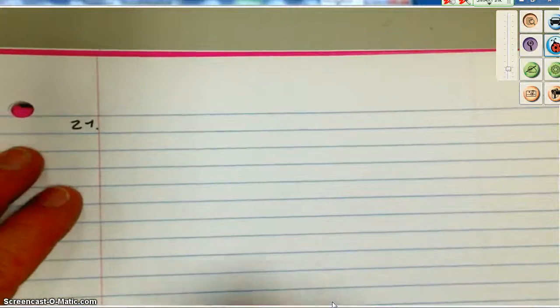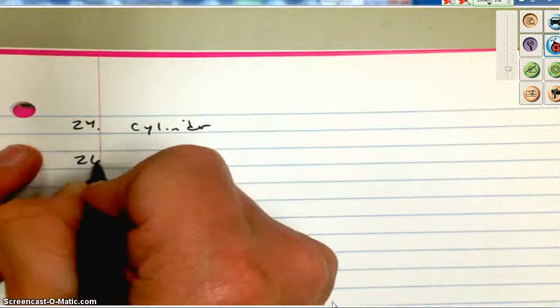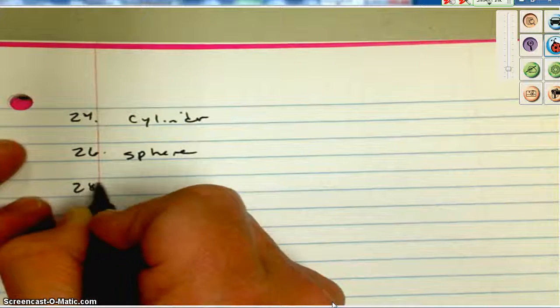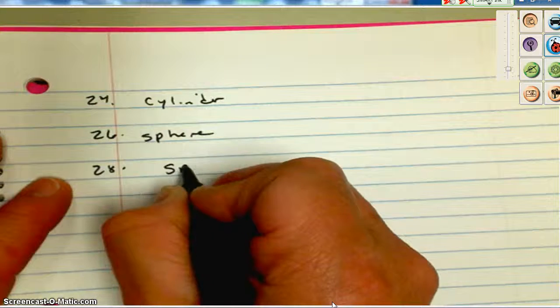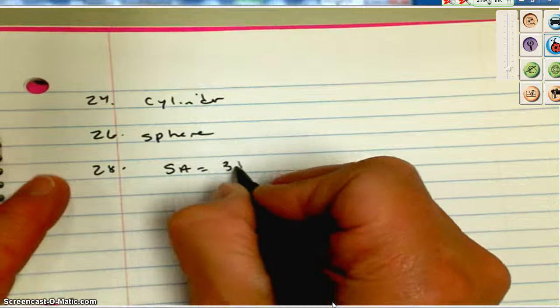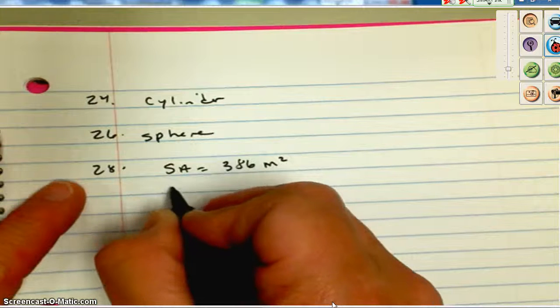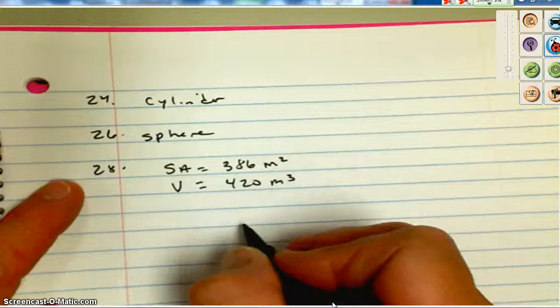Now moving on to number 24. Of course, you probably looked that one up in your yellow folder and you knew that was a cylinder. And 26, you looked that up and you knew that was a sphere. And 28, we found the surface area and the volume. So surface area is equal to 386 meters squared, and of course the volume is equal to 420 meters cubed.